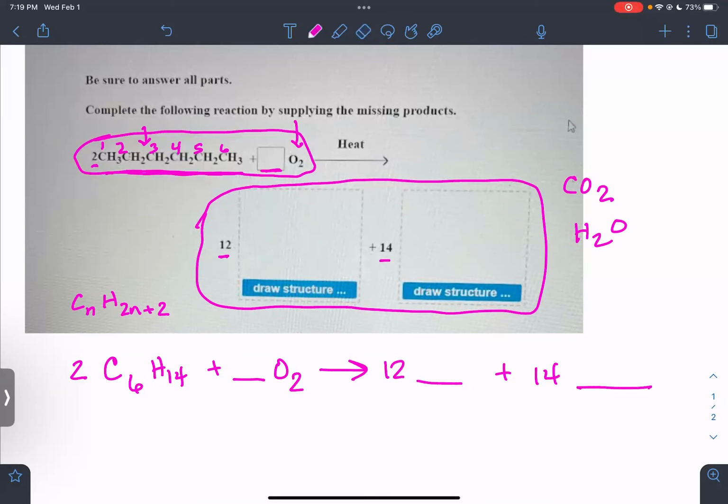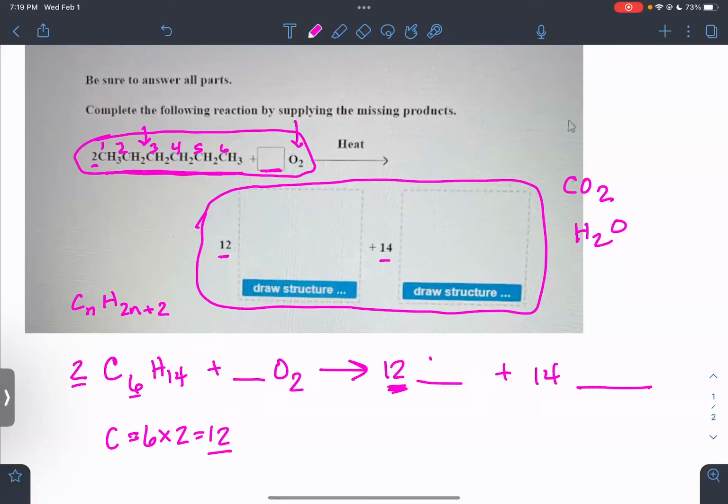So now we have to look at what we are going to be making. Over here on the reactant side, let me look at how many carbons I have. I have a subscript of 6, and then I have a coefficient of 2. So 6 times 2 is equal to 12. So I know that I'm going to have 12 total carbons in the reactants, and therefore I need 12 total carbons in the products.